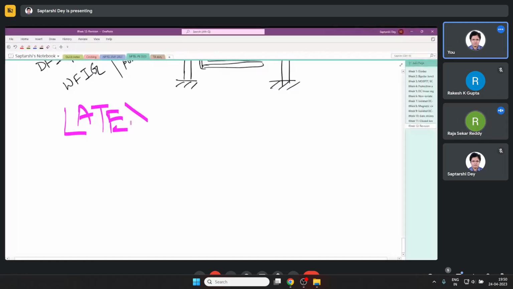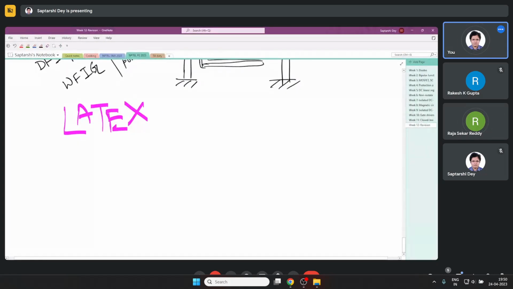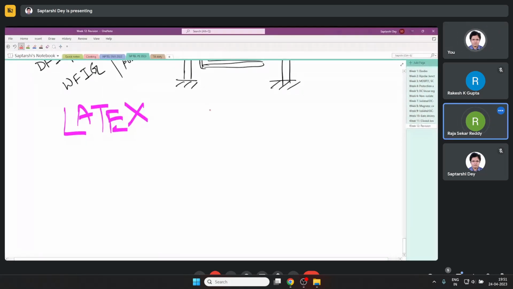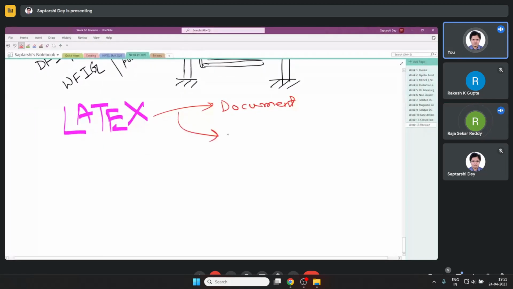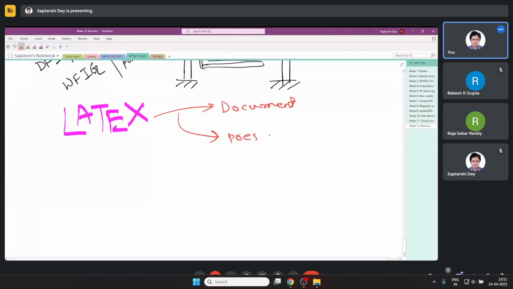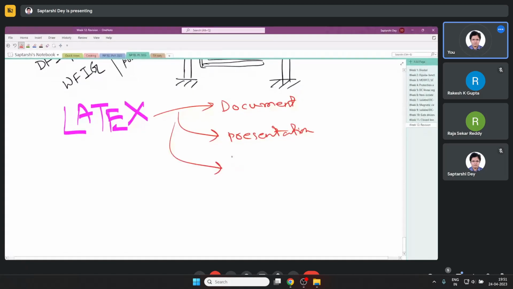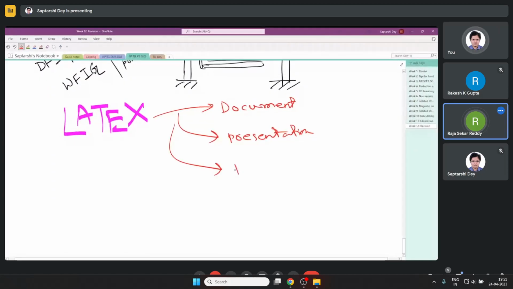LaTeX. Do you use LaTeX? No, sir. Some workshops happened in my college. Start using LaTeX. I will strongly recommend you to do so. See, in LaTeX you can make your document, your presentation, posters.